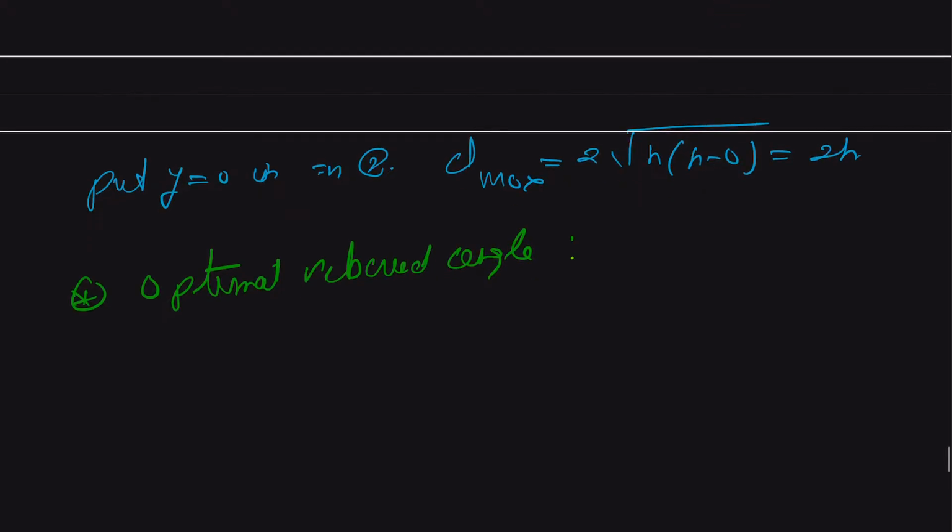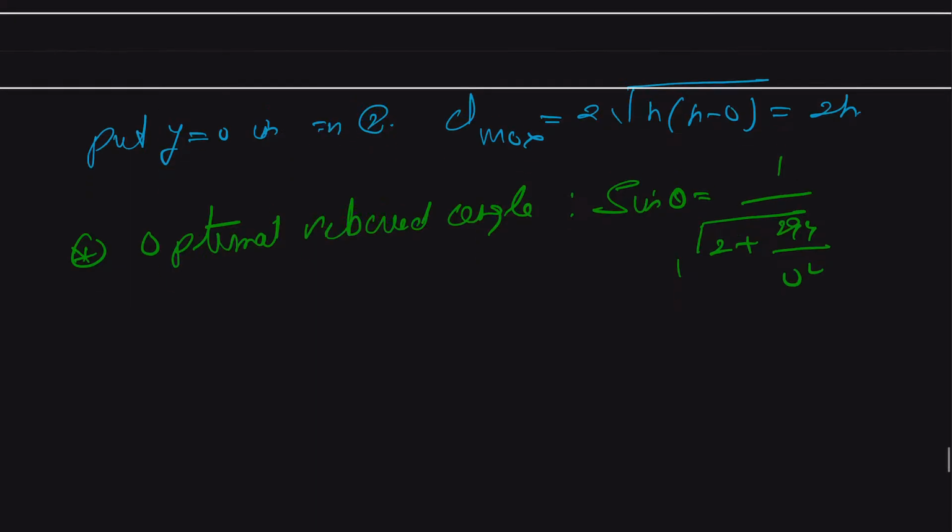And we already know the relationship that sine of theta is equal to 1 upon the square root of 2 plus 2gy upon v square. And we have already derived that our v square is equal to 2g times h minus y.